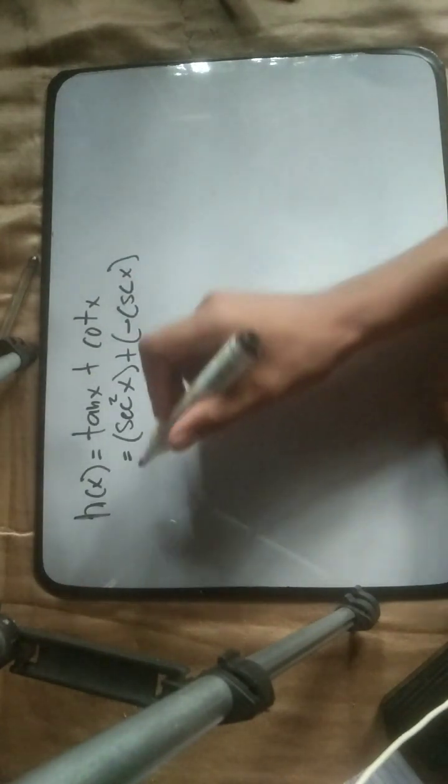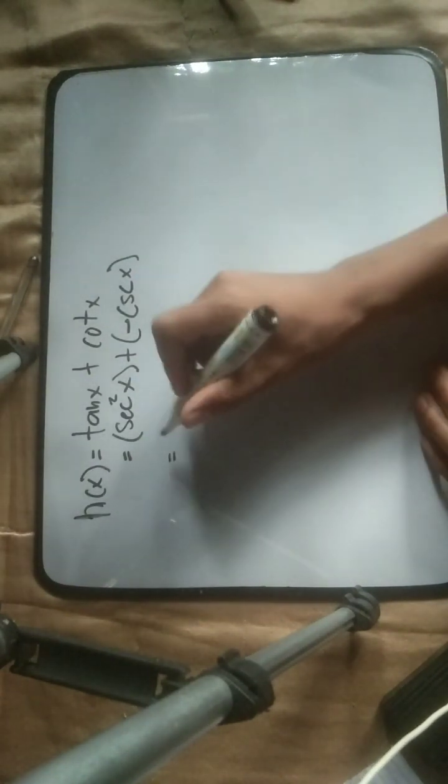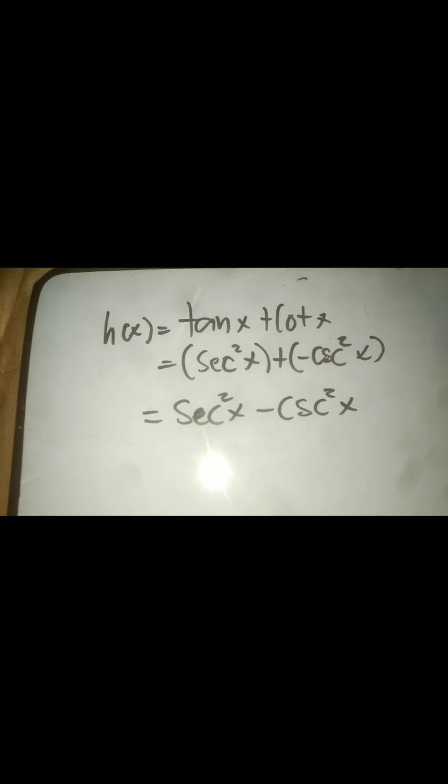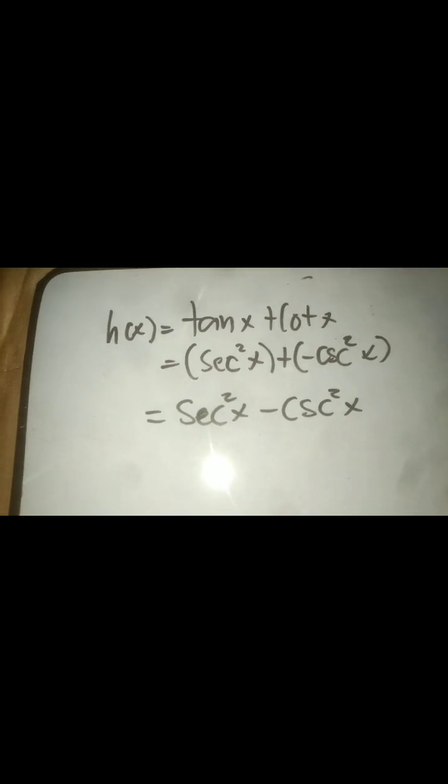Distribute the negative sign, so we will get secant squared x minus cosecant squared x.